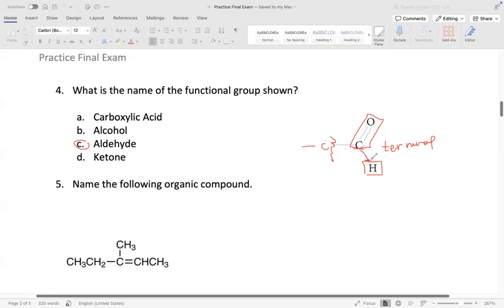Because a hydrogen is also connected to it, meaning it's at the end of a chain, the carbon chain does not continue, it's an aldehyde. If the carbon chain continued, that'd be a ketone. So if we had this same molecule in the middle, where there were carbons on each side, that'd be a ketone. It would be a carboxylic acid if instead of an H or another carbon, it was an OH. All right.